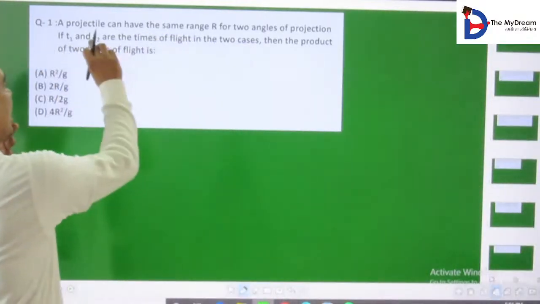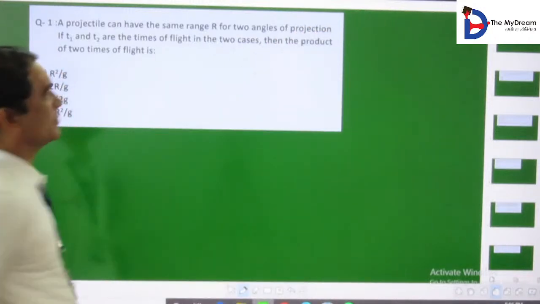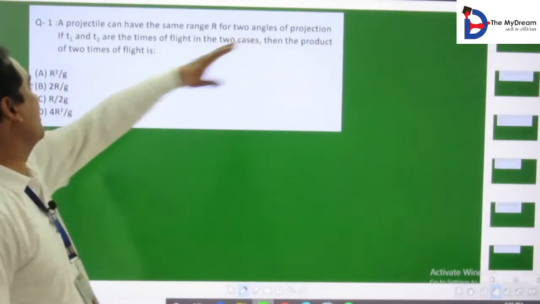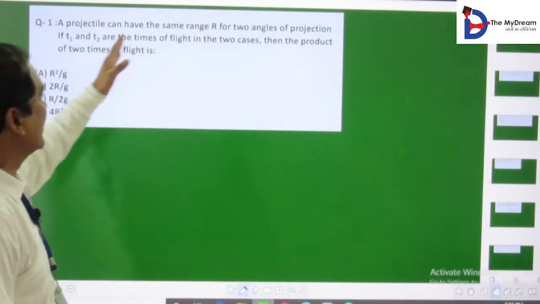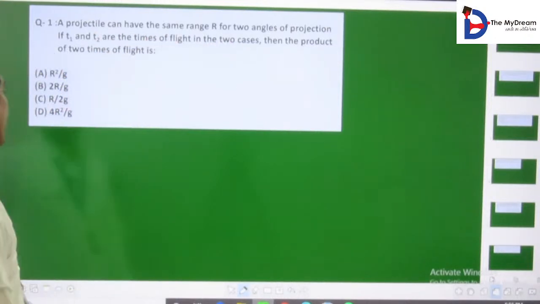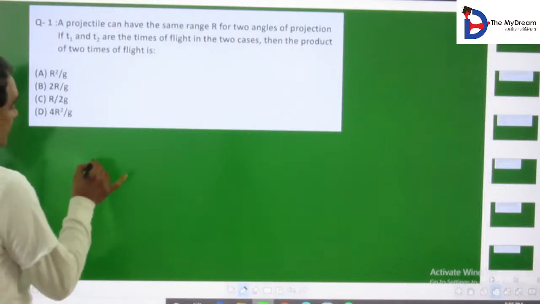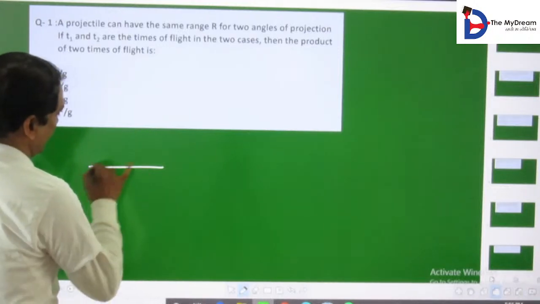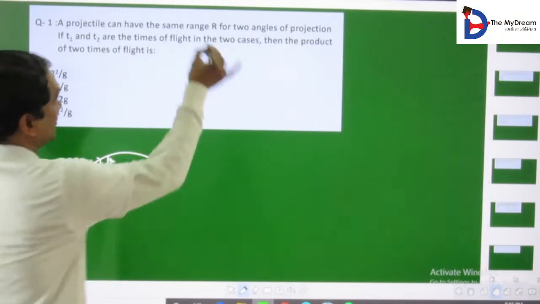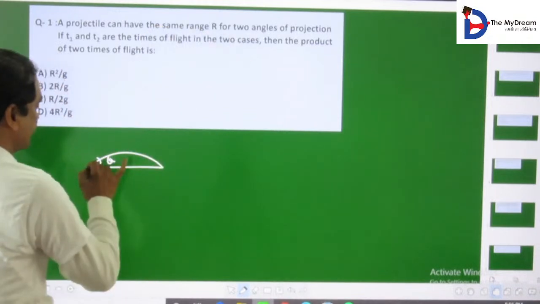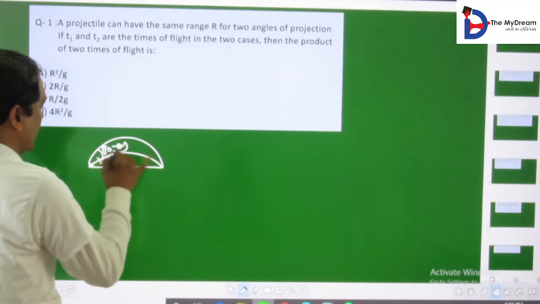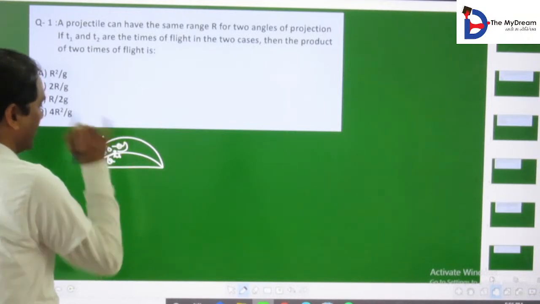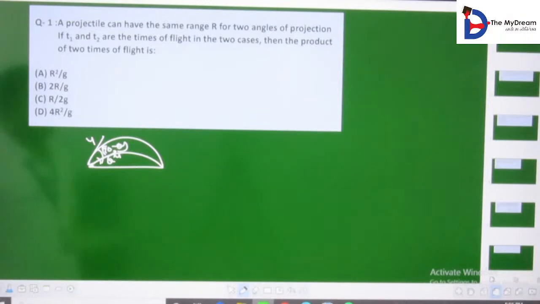A projectile can have the same range for two angles of projection. If T1 and T2 are the times of flight in the two cases, the product of their times of flight is, yes, one of them is theta because it was said the same range, and another one is 90 minus theta, both of them flowing with a certain velocity.